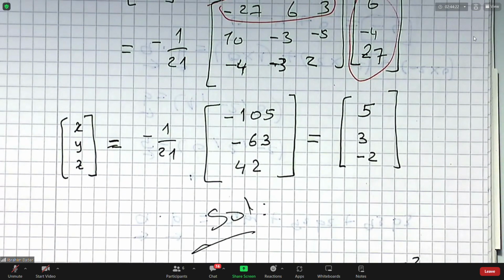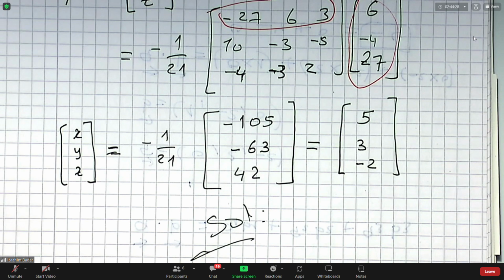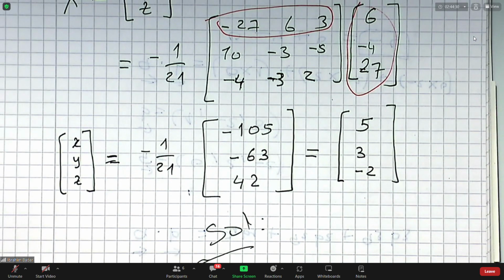Yeah, this matrix, actually, you got it. I told you there is a rule for evaluating a 3 by 3 matrix, and it's using this rule. I don't have the rule now. You can Google it. I will try to find it and then upload it to you.